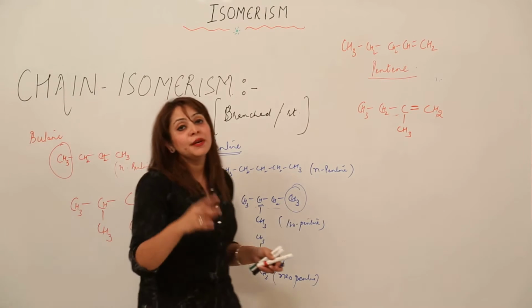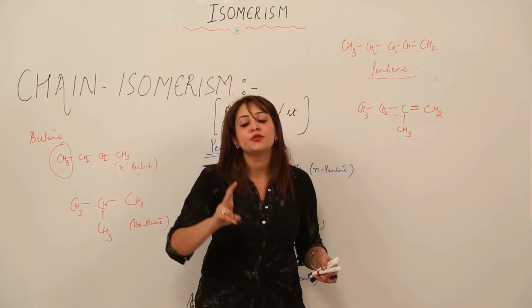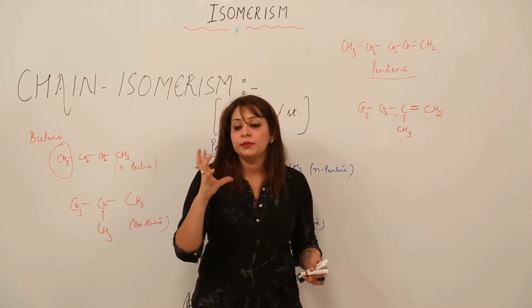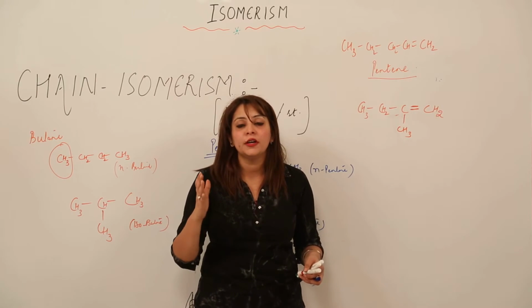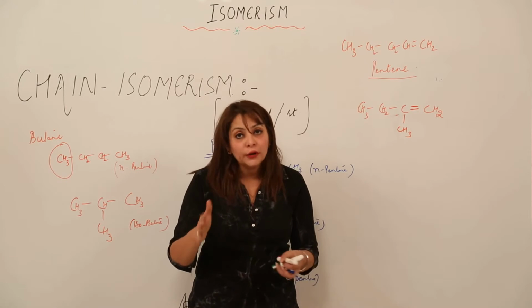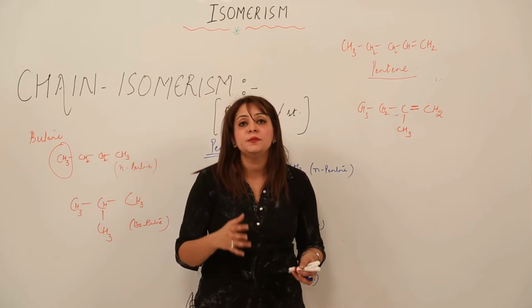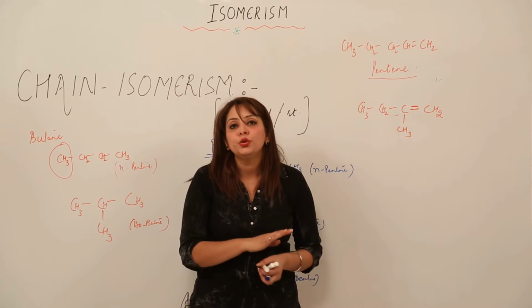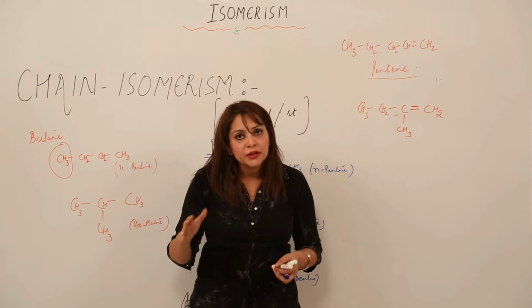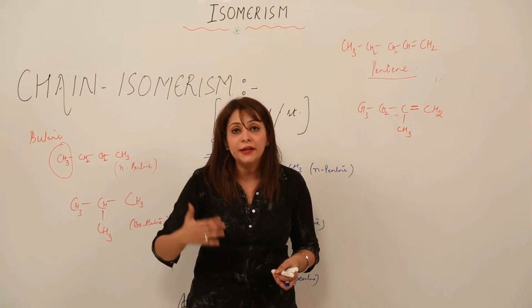But two things you have to keep in mind: to show chain isomerism, the chain must have a minimum of 4 carbon atoms, not less than that, because meth, eth, prop do not show this kind of isomerism, because they cannot be further condensed.